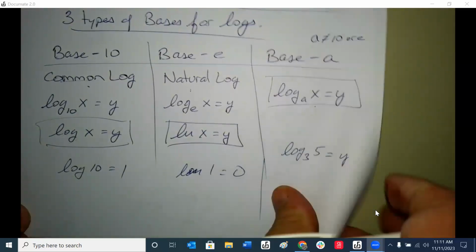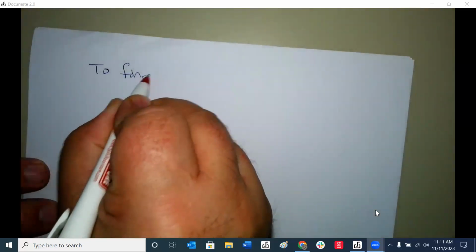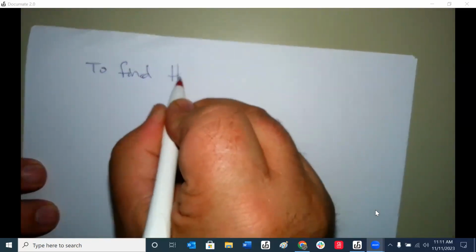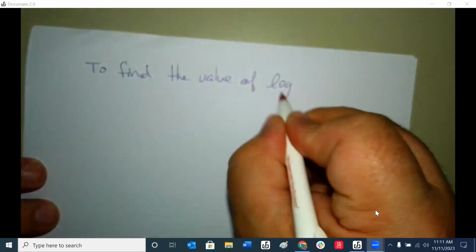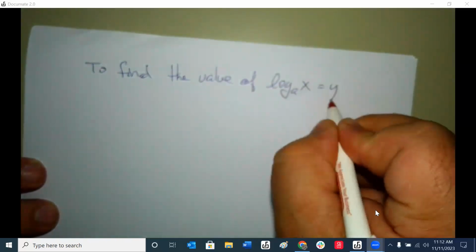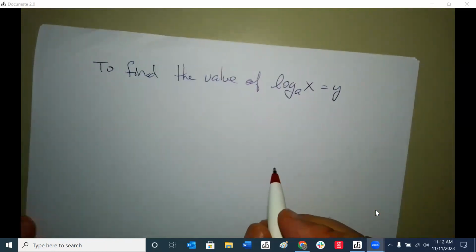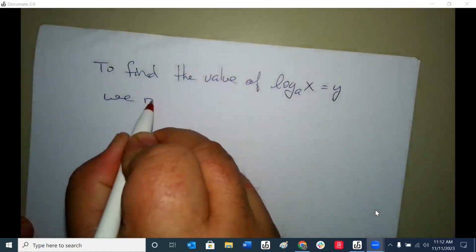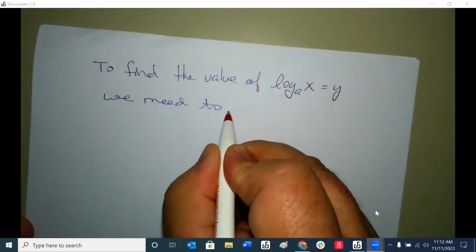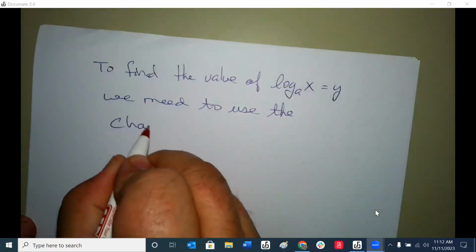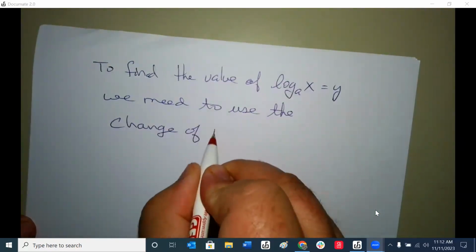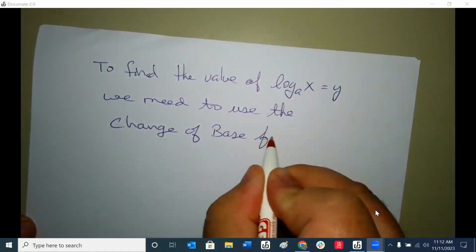So to find the value of log base A of X, we need to use the change of base formula.